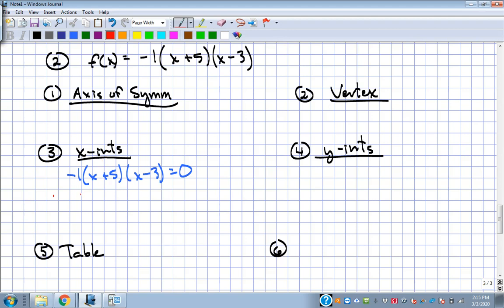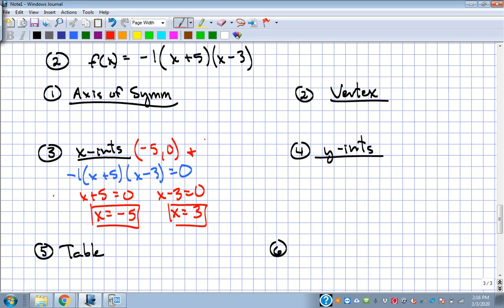It just goes away. x plus 5 equals 0, or x minus 3 equals 0. Solve that. -5, 3. The x-intercepts are at (-5, 0) and (3, 0). Two different x values there.